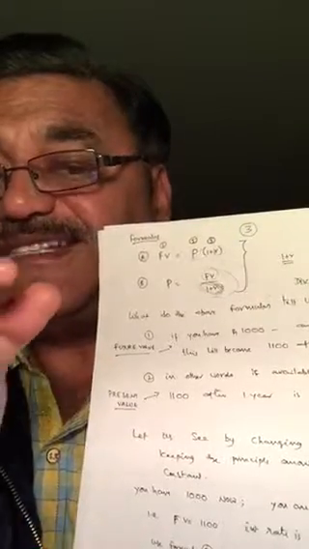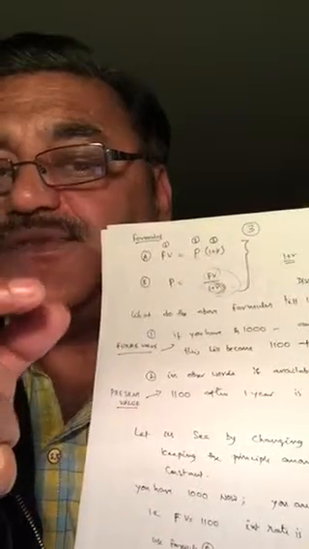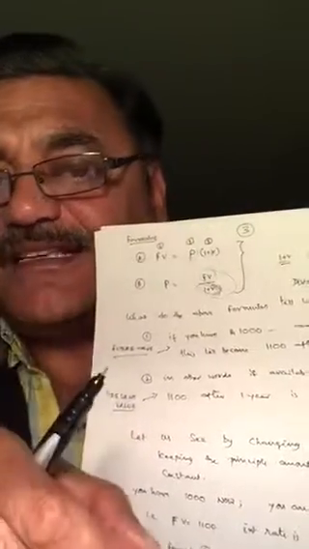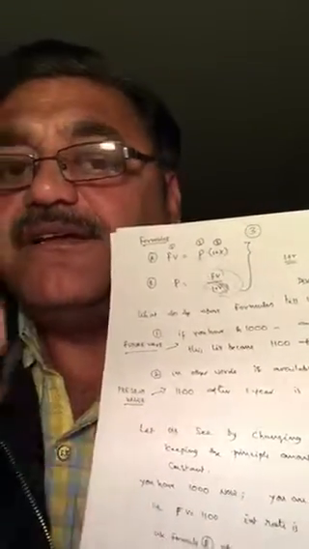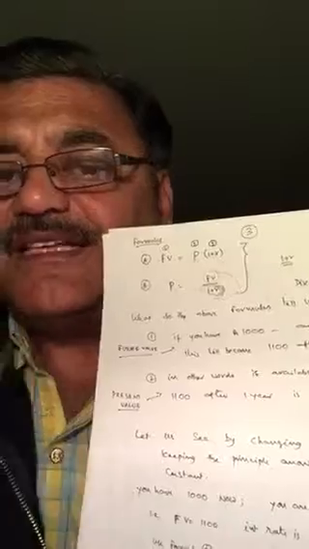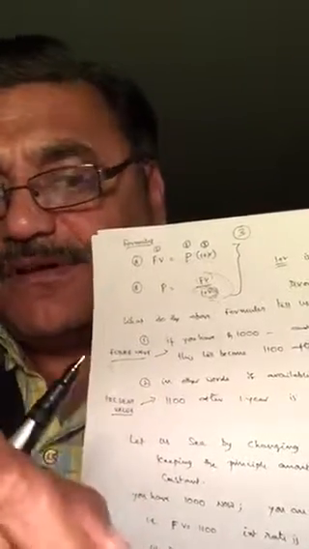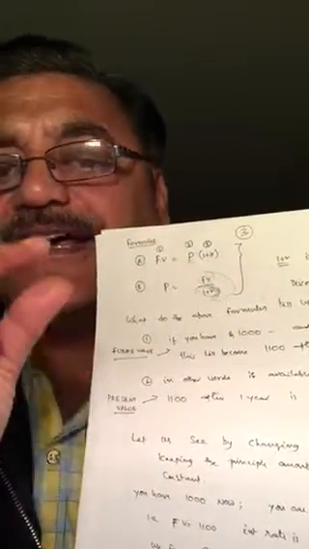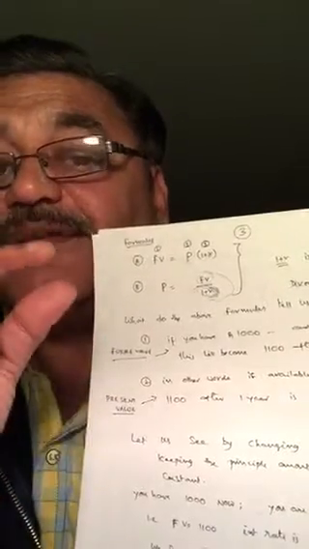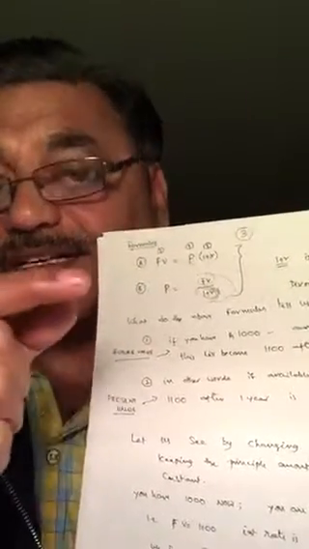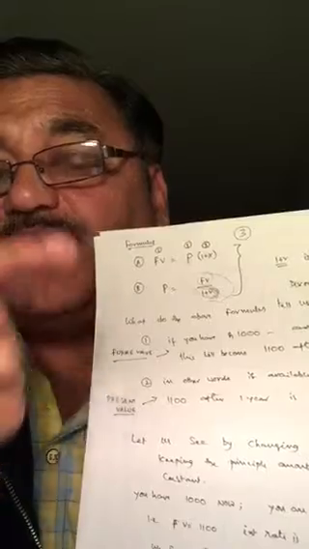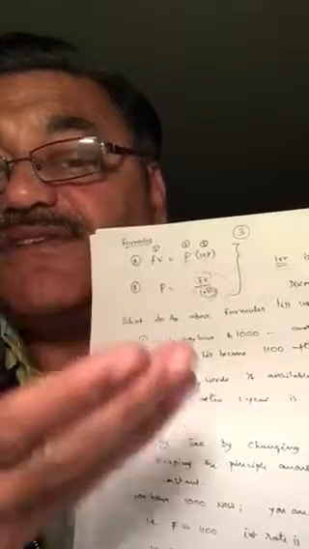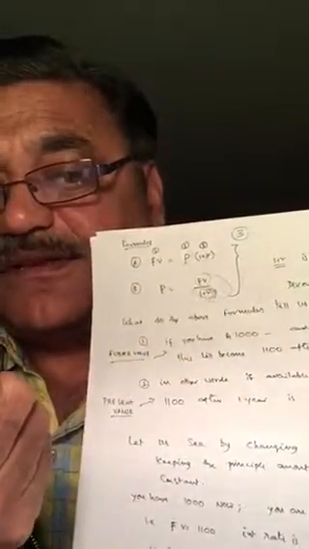For taking that risk, you are expecting more. That is why the extra amount, whatever you are getting, is called risk premium. You are getting the premium for taking risk rather than putting your amount in the safest possible deposit.